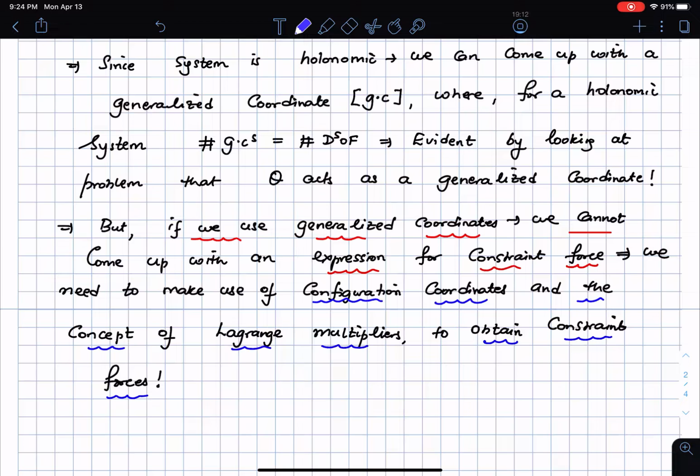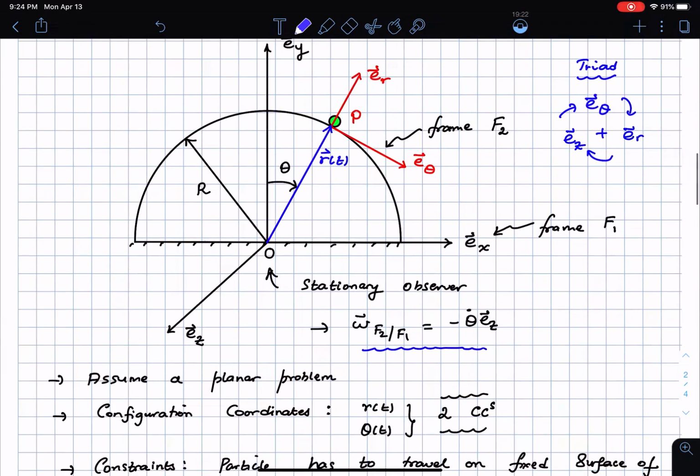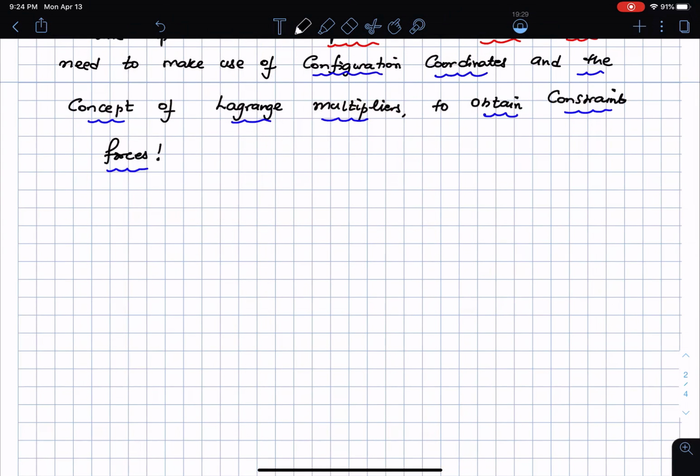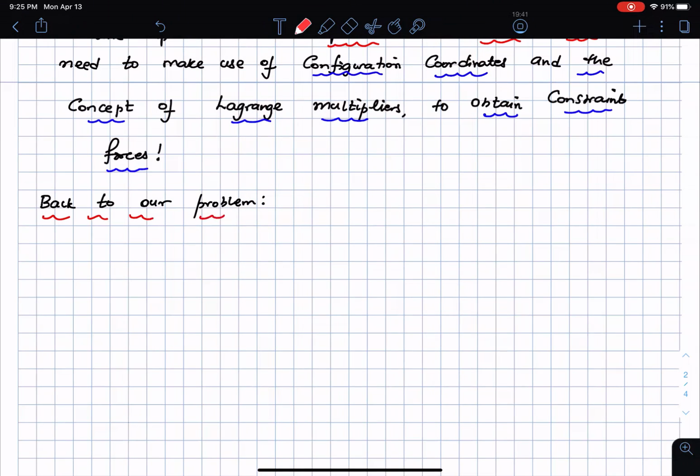Okay, and so we come back to our problem, and it's fairly straightforward to see that our configuration coordinates are r and theta, and the constraint equation is r is equal to capital R, which is equal to the radius. So we start off with this particular information. So back to our problem, the configuration coordinates.